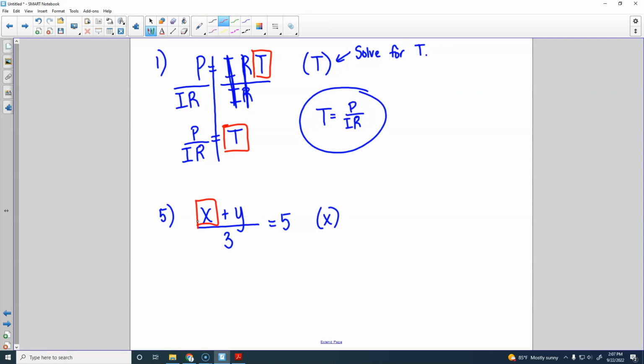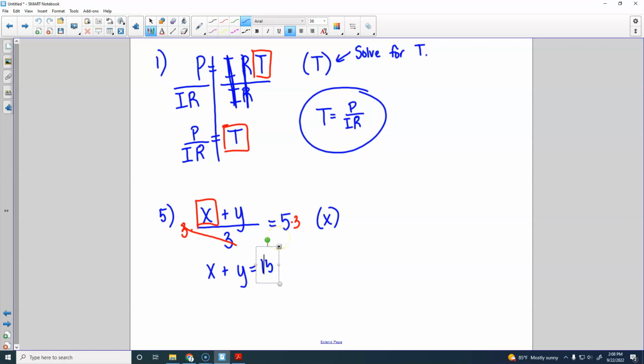Alright, so if we are trying to get that x right there by itself, Anya, what would we do first? Multiply by 3. Very good. We multiply by 3 on both sides. It will get rid of the 3 over here. We will have x plus y equals 15.